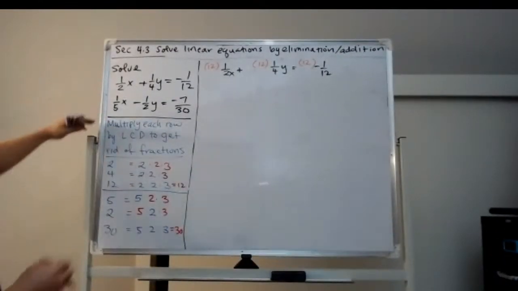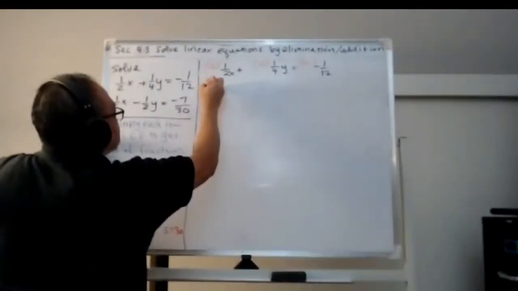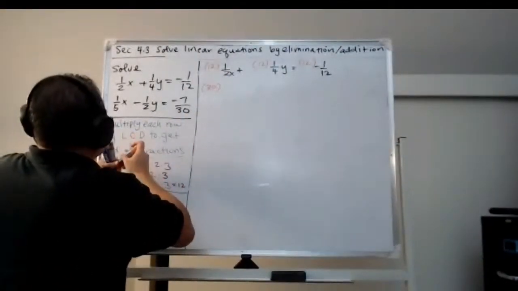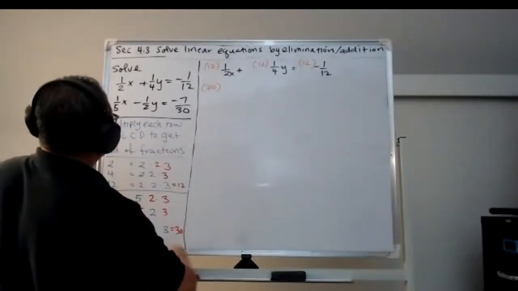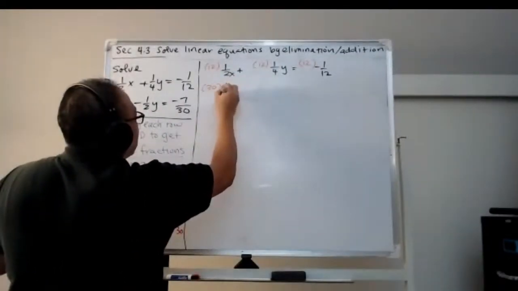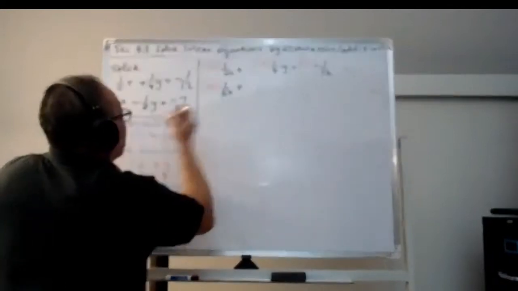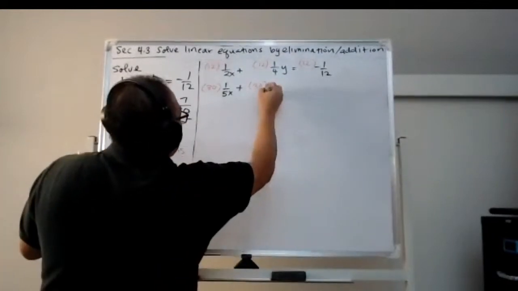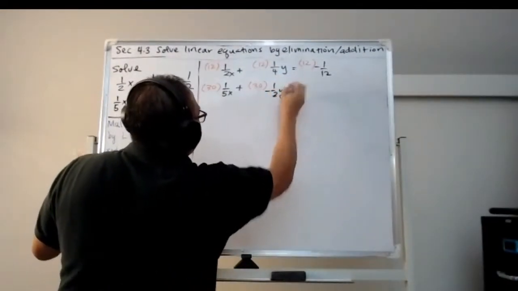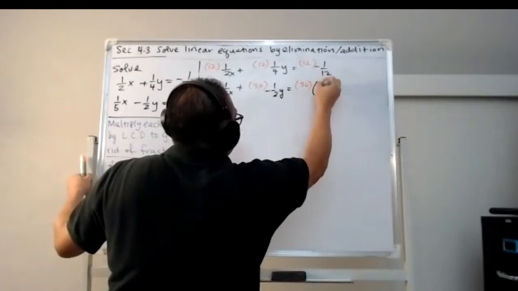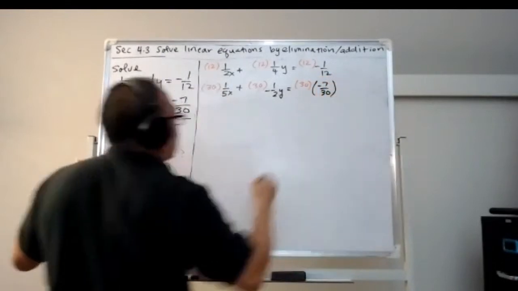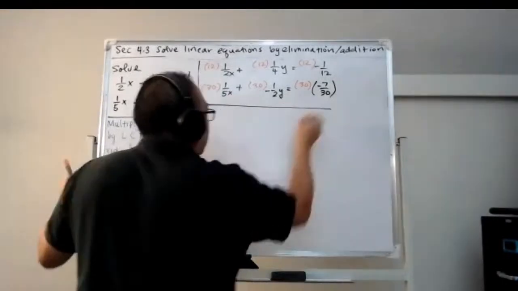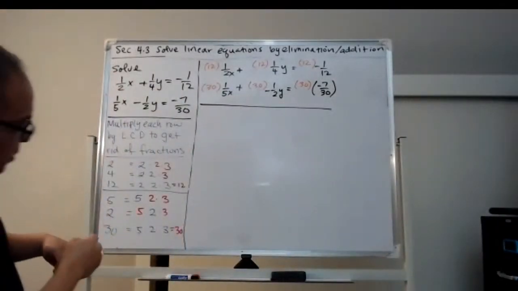Over here, the lowest common denominator was 30. And then let's do the division.